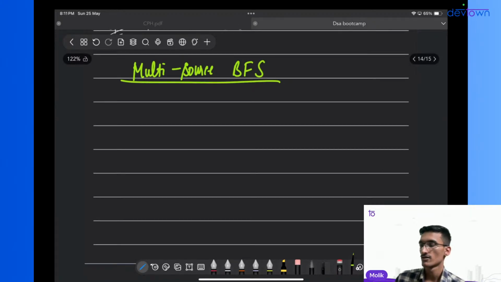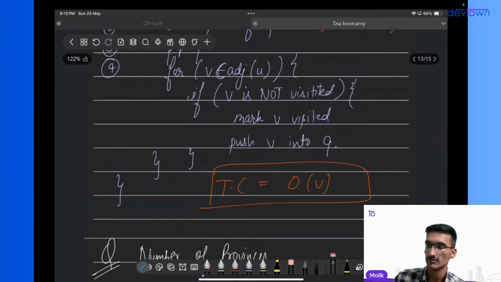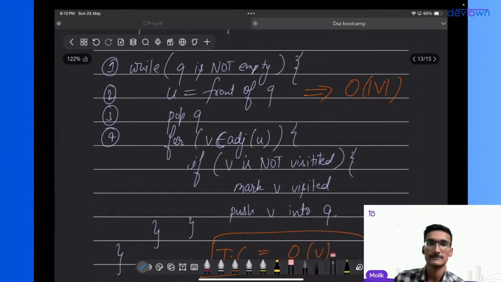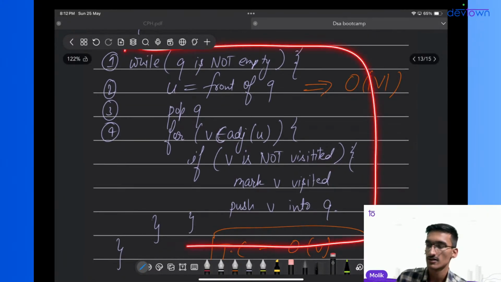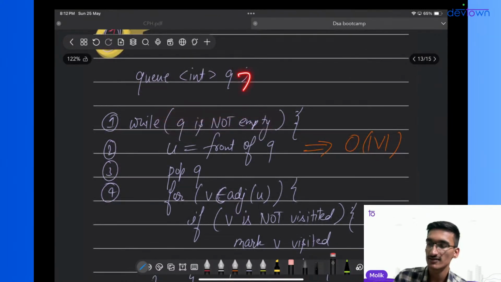So see, in the first single source BFS, you only had one source, right? Look at this, this was the code for BFS, right? But in order to enter this loop, you must insert something in this queue.